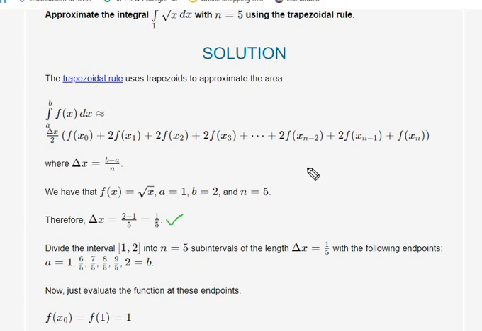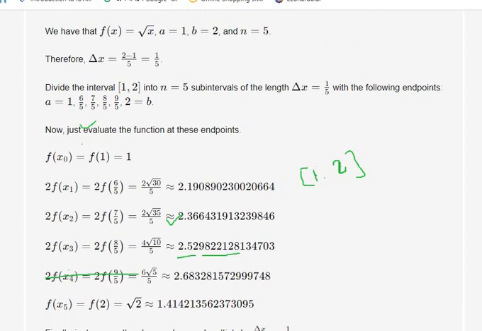Your interval 1 to 2 will be divided into 5 equal subintervals. Okay, so the subintervals are given. For these values of x, you can calculate the values of the function, which are given over here.